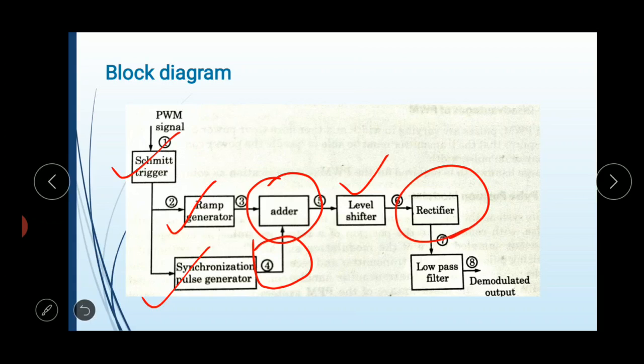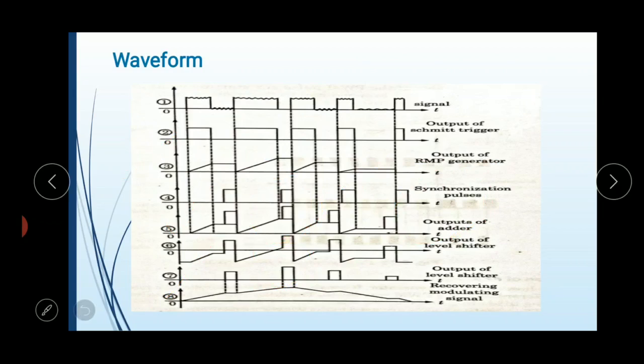The whole thing we again discuss by seeing this waveform. First one is the PWM signal received by the demodulator. Here you can see the surfaces of the pulses are not smooth because of the interference of noise.